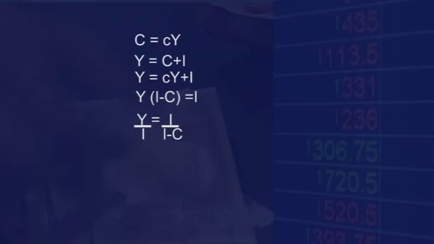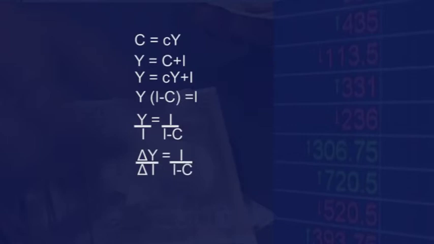The change in Y over the change in I equals 1 over 1 minus c, where this term c is the proportion of any extra income we earn that we choose to spend. That is to say, what Keynes referred to as the marginal propensity to consume.